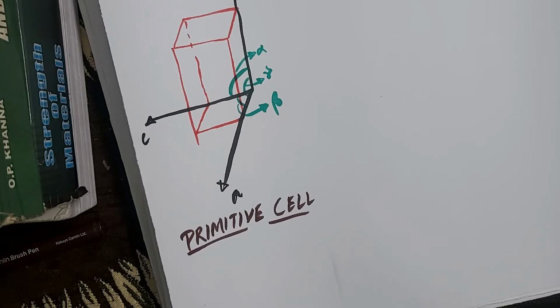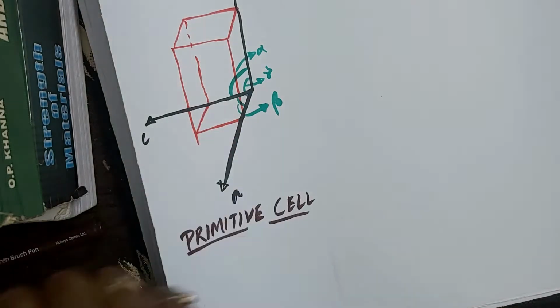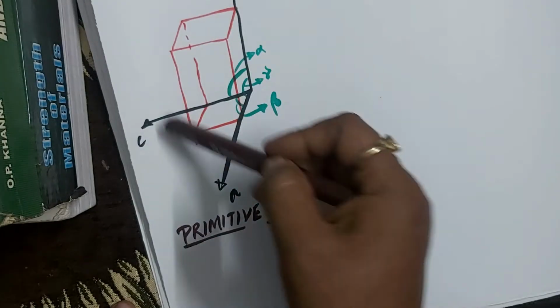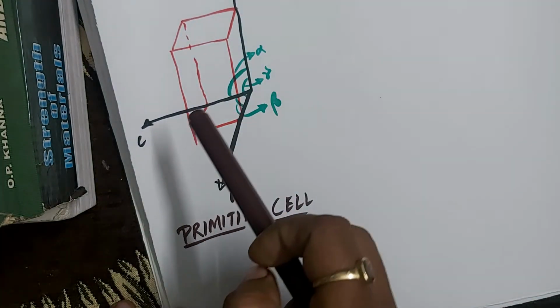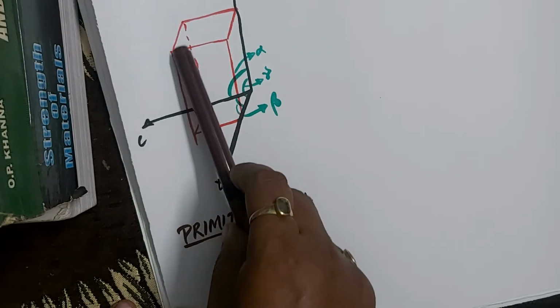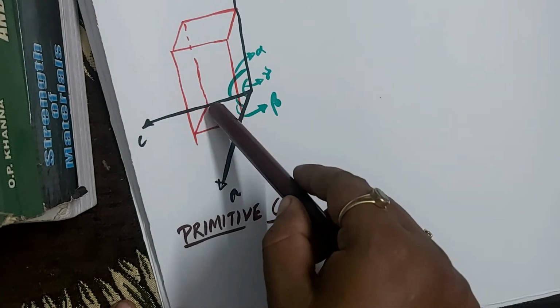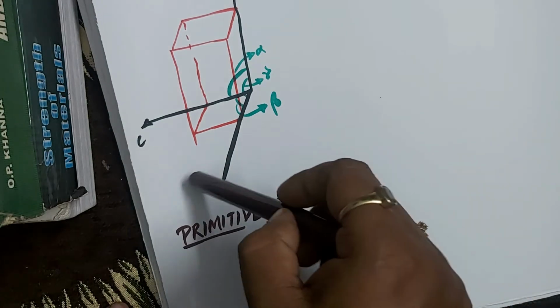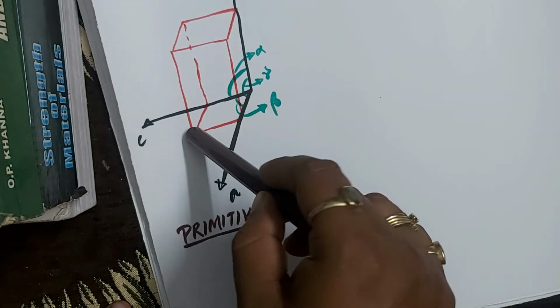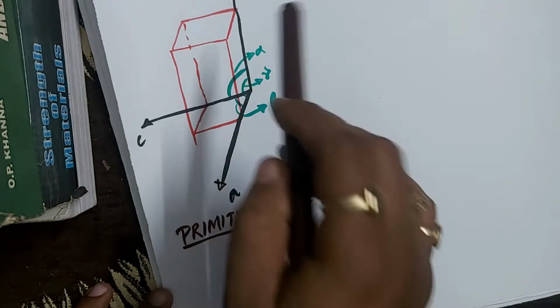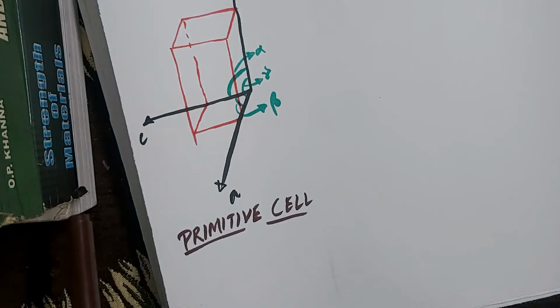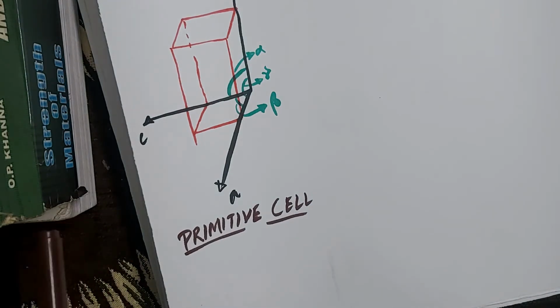So it is the smallest cell. In this parallelepiped we have 8 corners, 1 2 3 4 5 6 7 8. If each of the 8 corners has one atom, and effectively this volume has only one lattice point, then it is called a primitive cell.